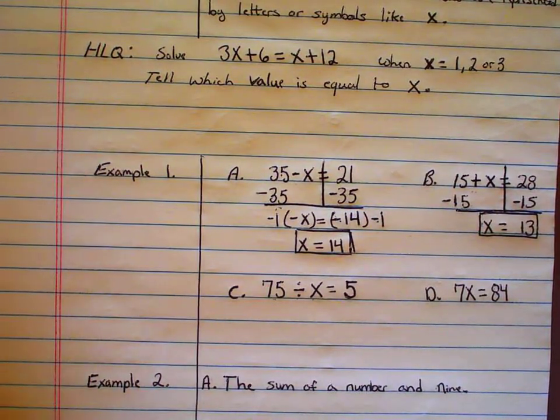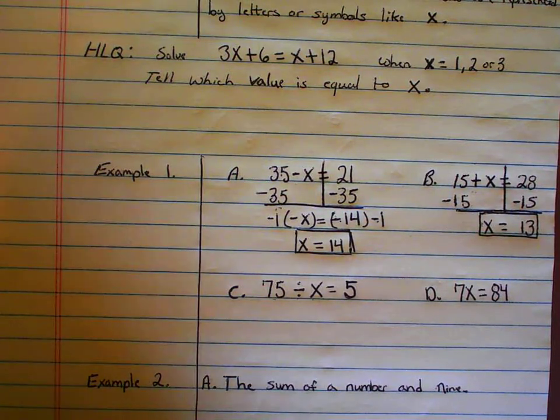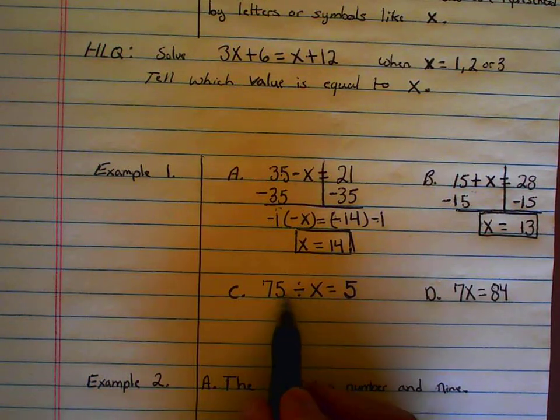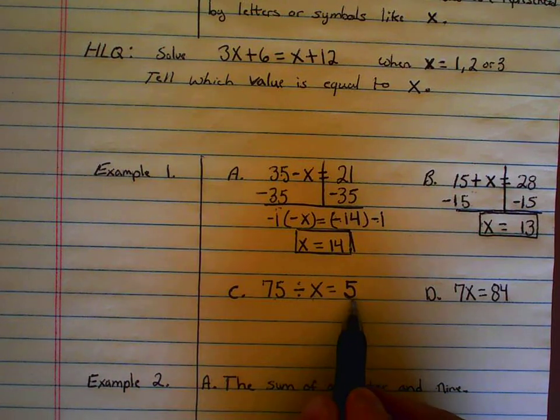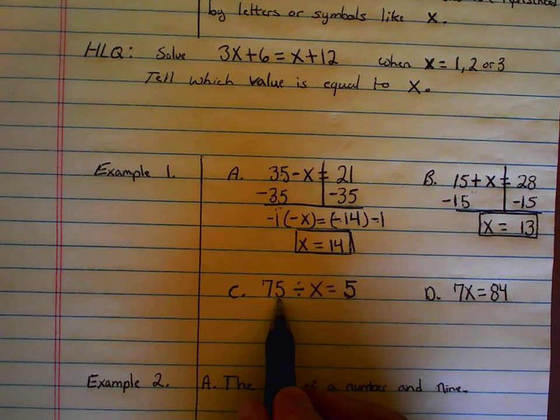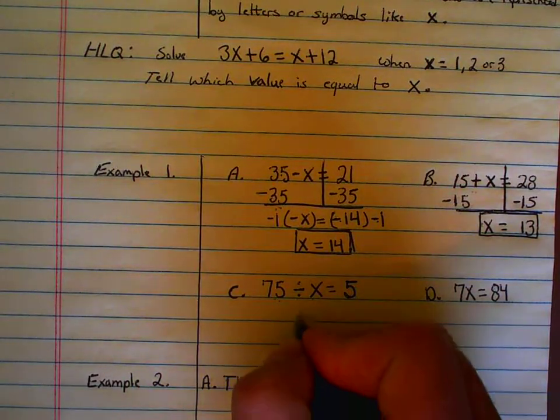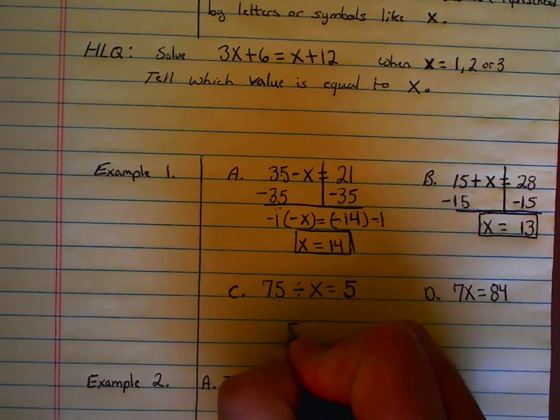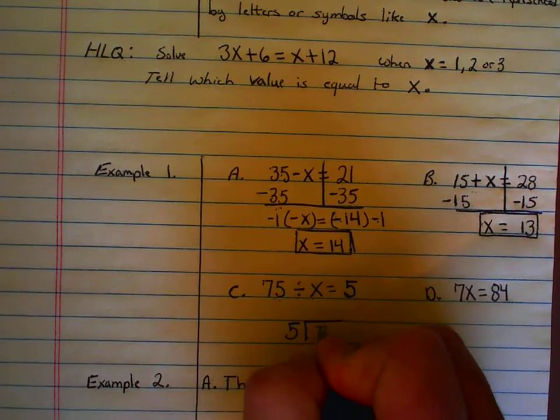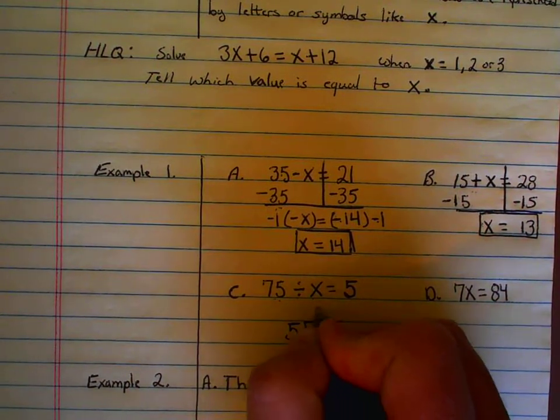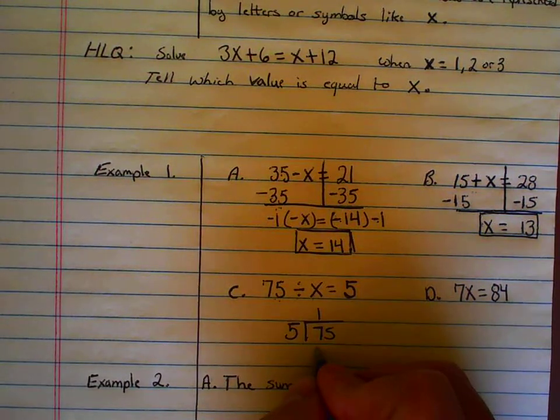Well, an easy way to figure that out is to reverse it. Okay? Instead of figuring out how many times x goes into 75, let's figure out how many times 5 goes into 75. Alright? So, 5 goes into 75, 1, and that leaves me with 2 left over.